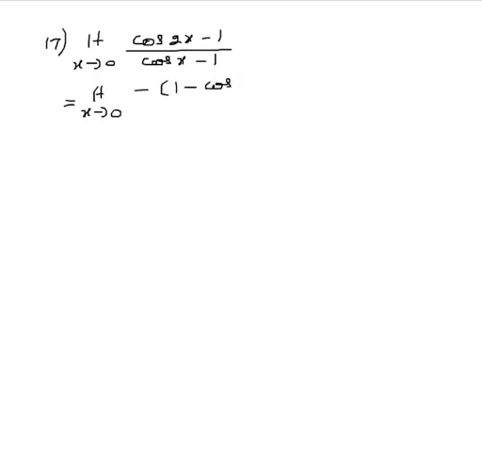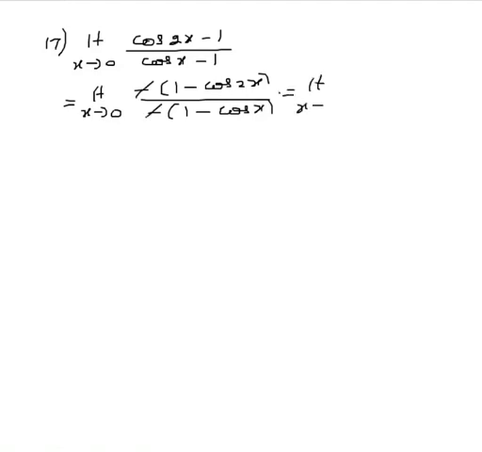Question 17. Limit x tending to 0 of cos 2x minus 1 divided by cos x minus 1. Let us take out a negative sign from both numerator and denominator and cancel these two negative signs.